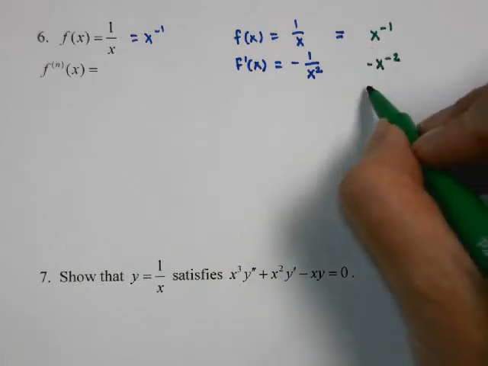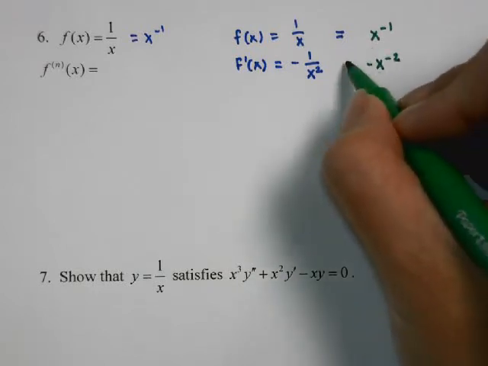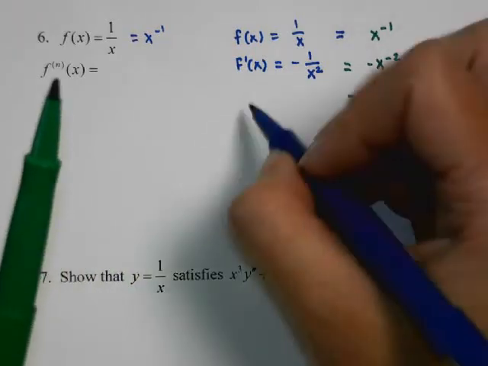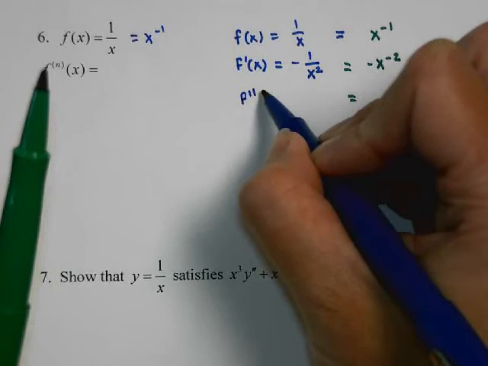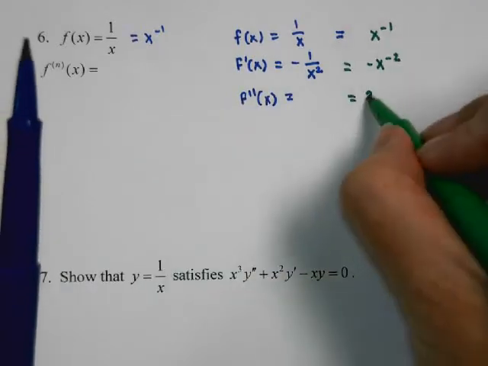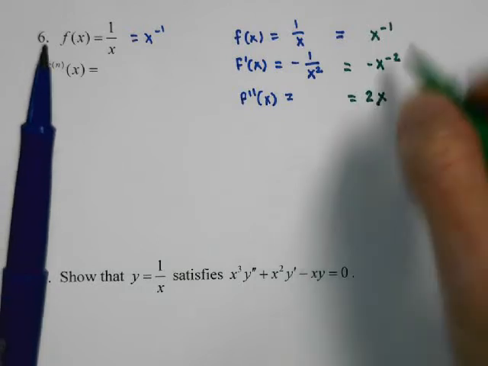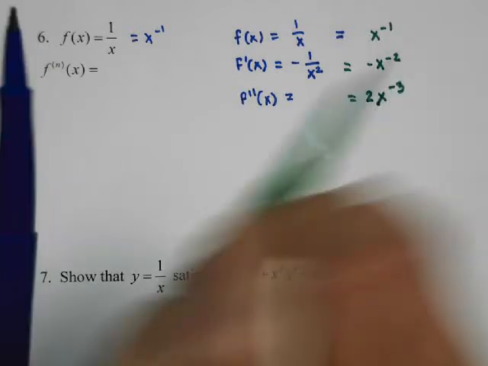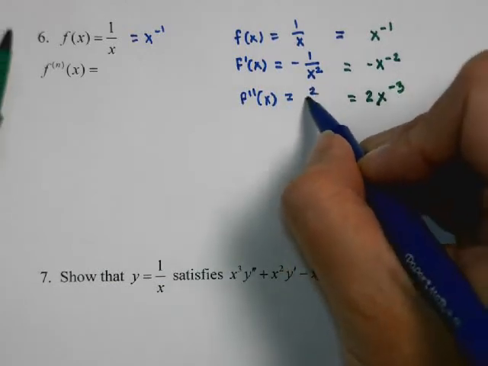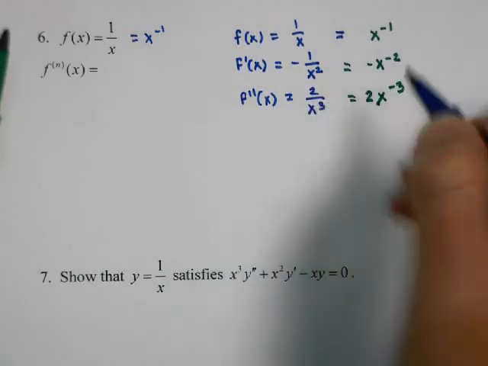So if I do this derivative, we're going to have our second derivative. I'll fill that in in a second. This is going to become positive 2x to the negative 3, which is a positive 2 over x cubed.